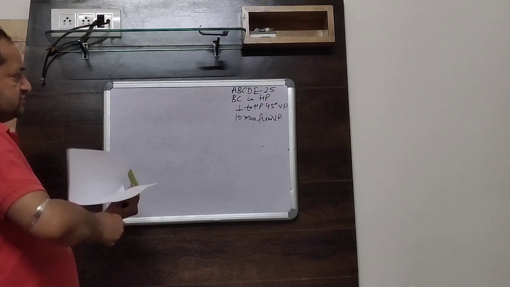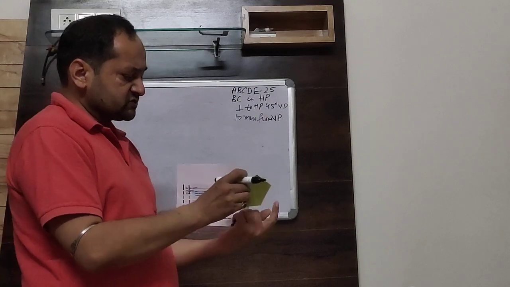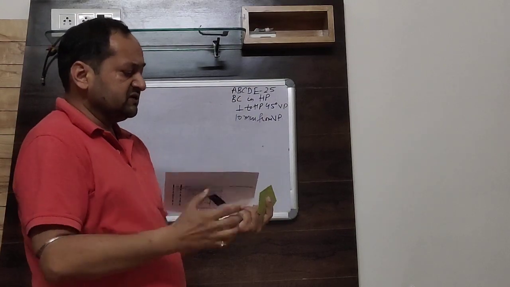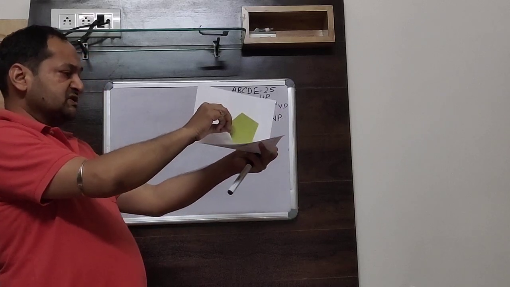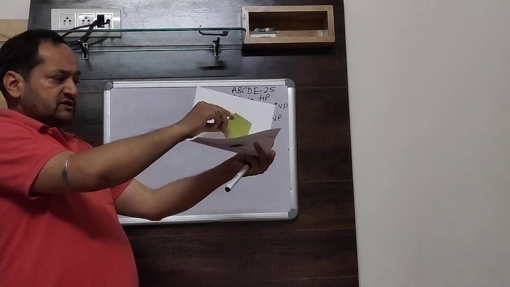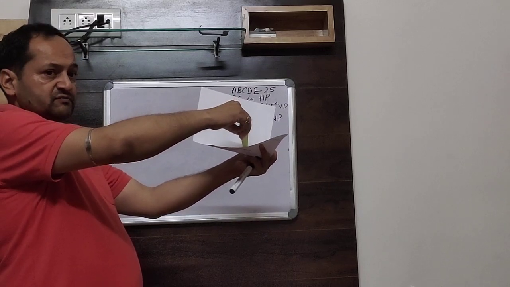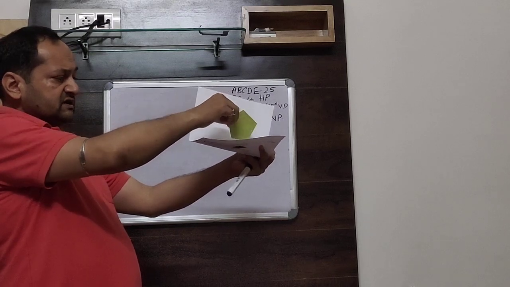So this question is to be made in two steps. First, we will draw the question by assuming the plane to be perpendicular to the HP and parallel to the VP in this position. Then we will rotate the view by 45 degrees.